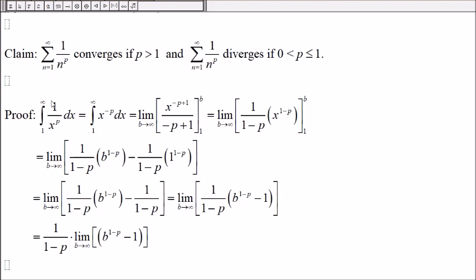And so this integral is this. And so once again, the claim is that the p-series converges if p is greater than 1, and the p-series diverges if p is between 0 and 1, including 1.